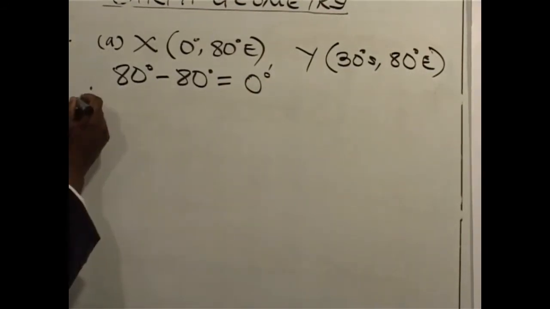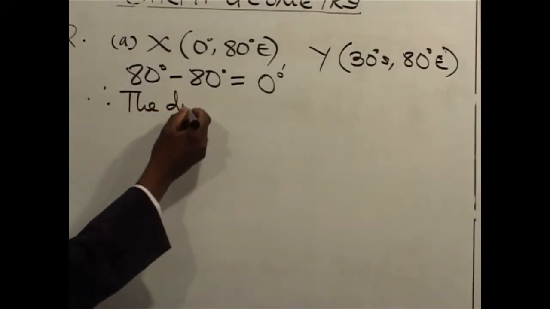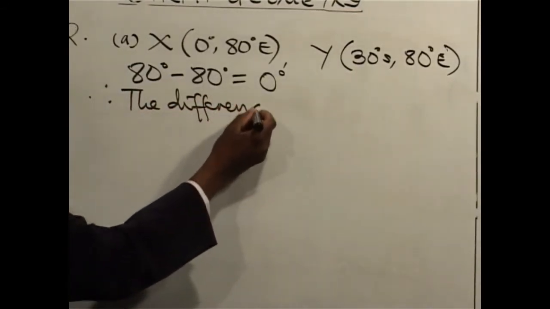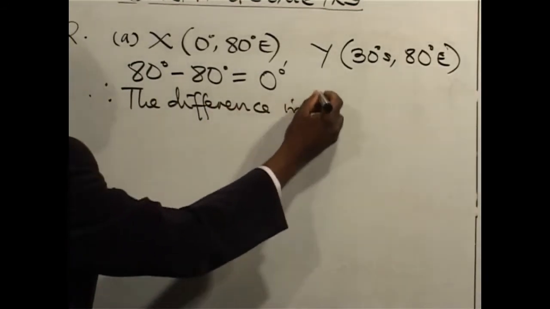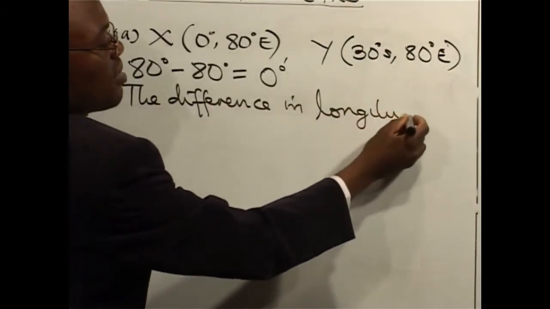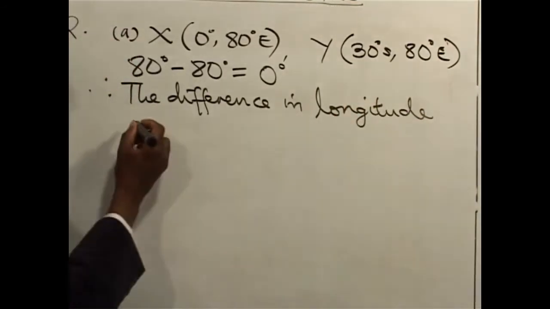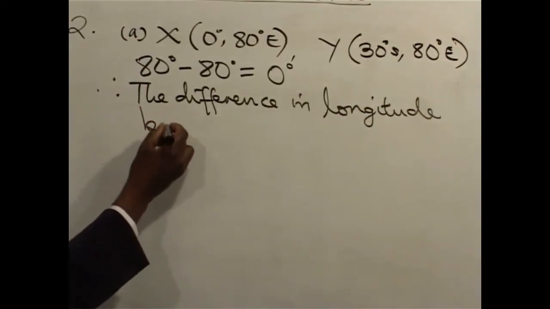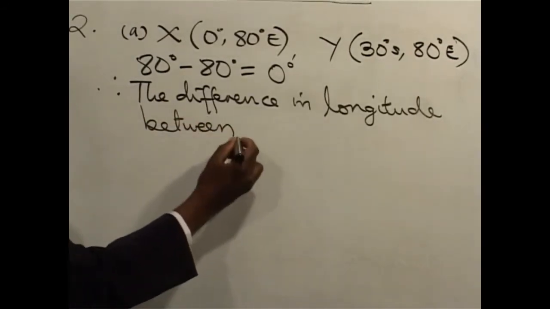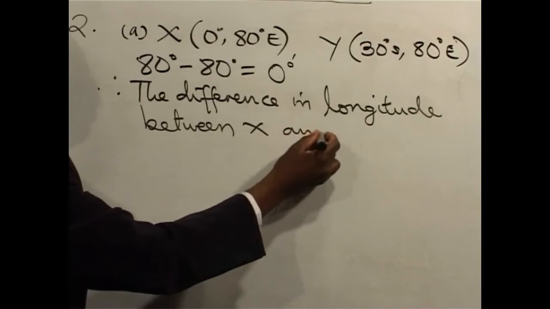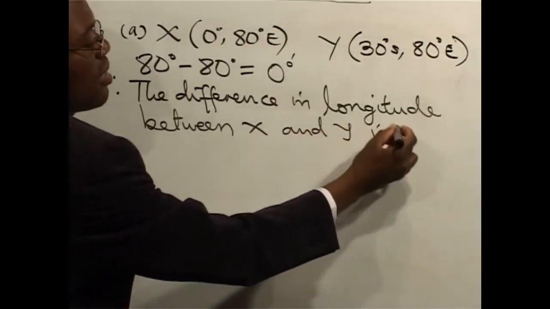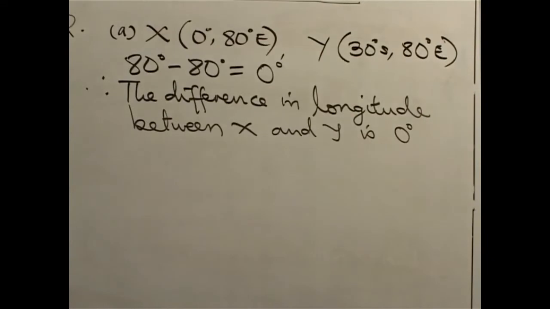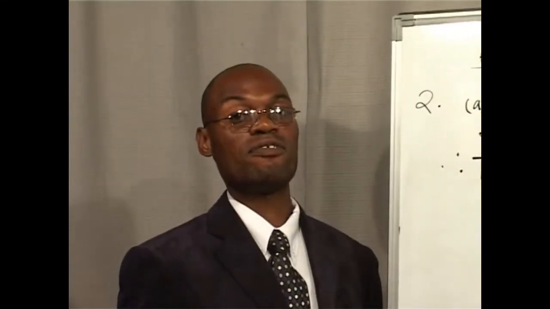So we can say, therefore, the difference in longitudes between X and Y is 0 degrees. Then we have stated and found the answer in terms of longitudinal difference between X and Y.